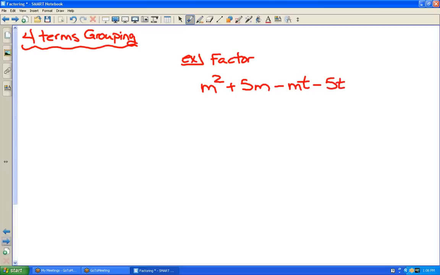Yay, that's not so pretty. There's too many letters. But in any case, they're going to give you that and tell you to factor it. And you might not like it. So your steps, remember to check for GCF.